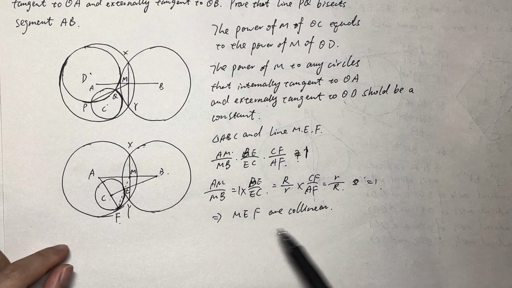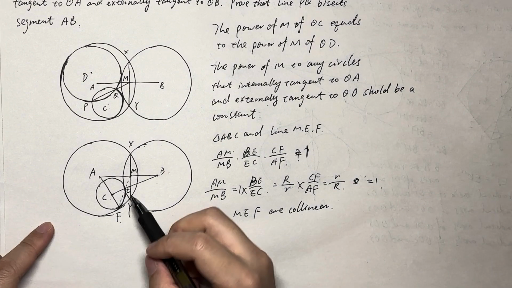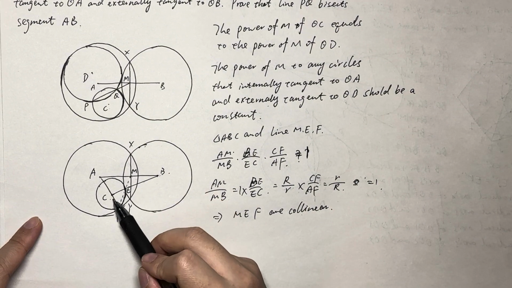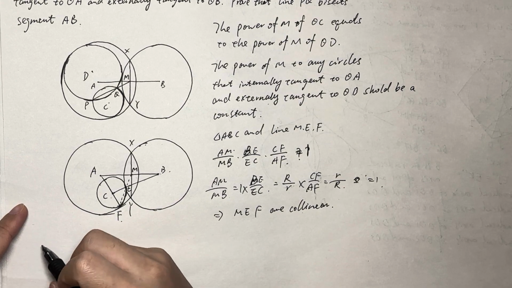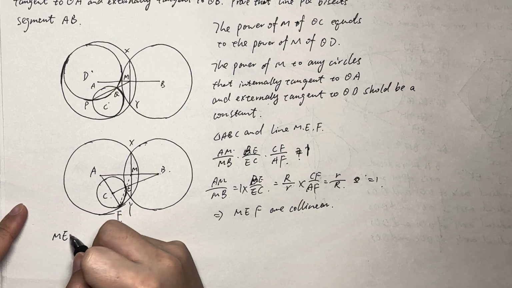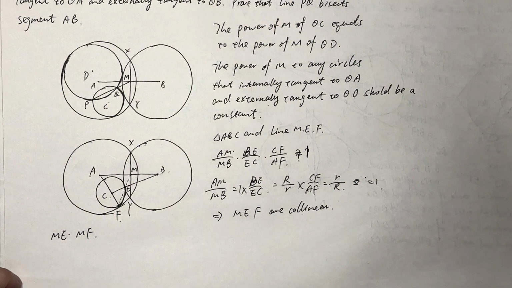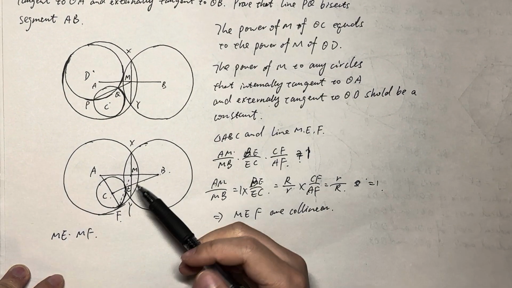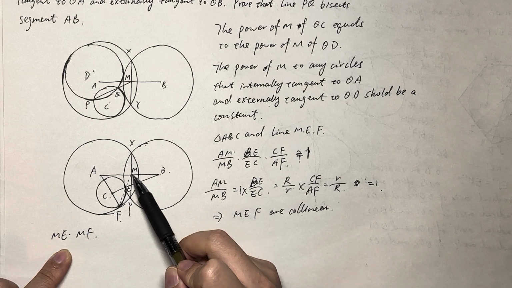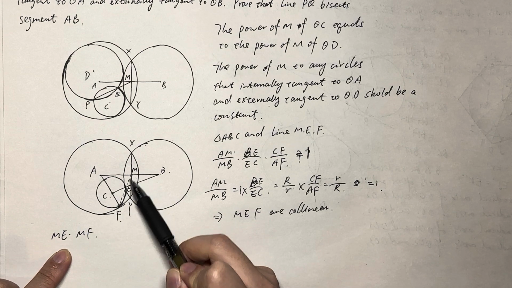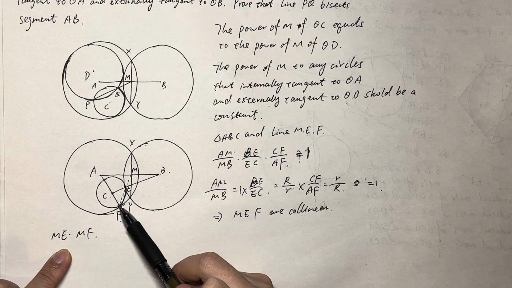Once M, E, F are collinear, then we know that the power of M to circle C equals ME times MF, right? The power of M to circle C equals ME times MF.